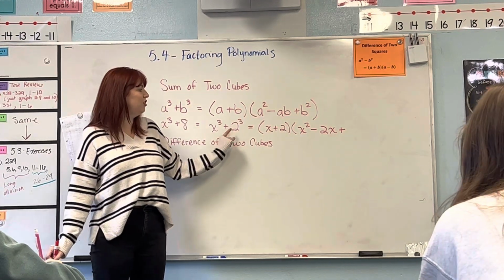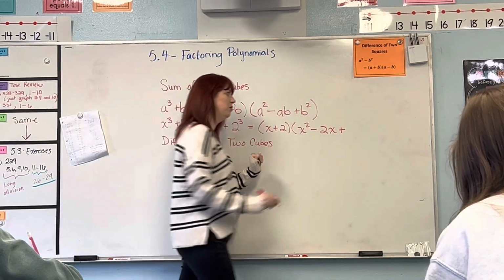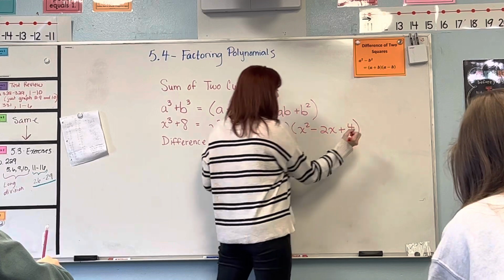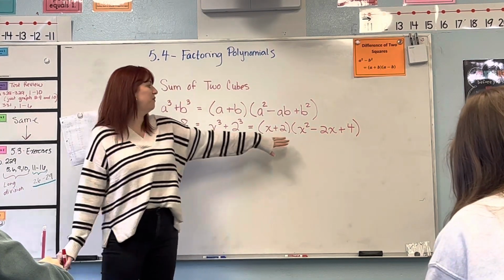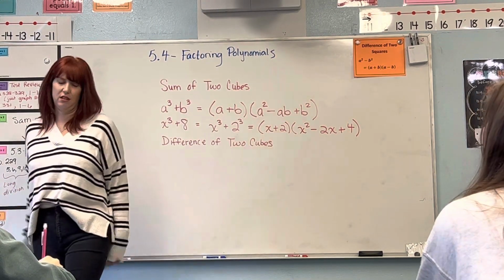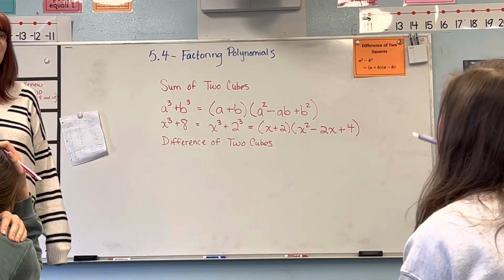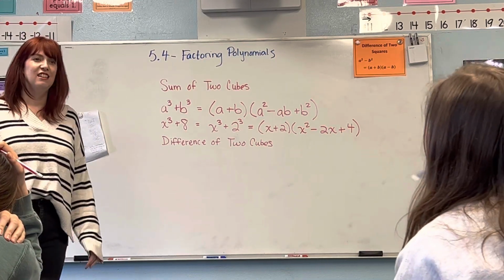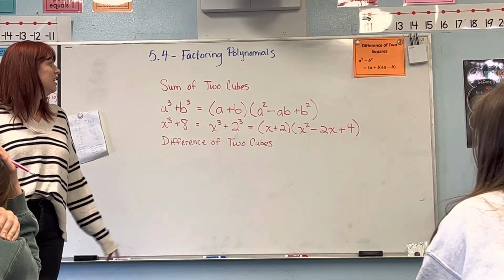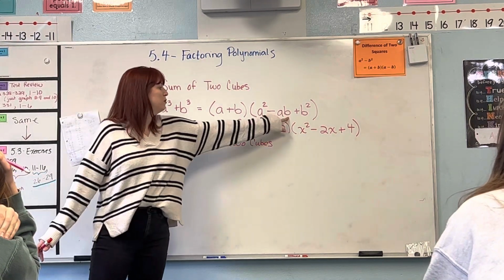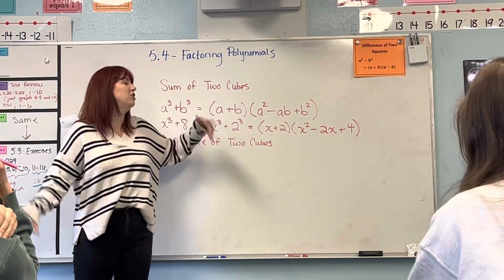B, we said was 2, right? So 2 squared would be 4. And that's as far as you can factor that. That's done. It's minus 2x because it's a times b, so x times 2, 2x.